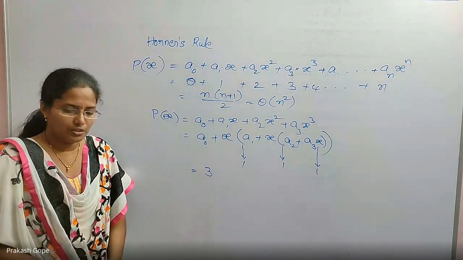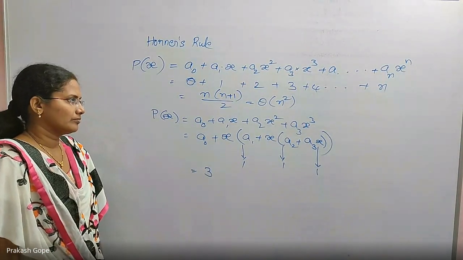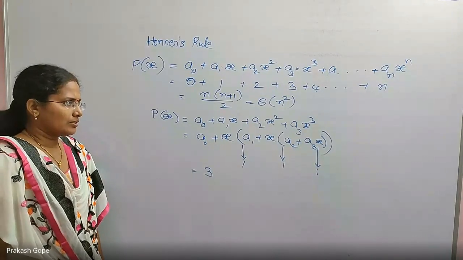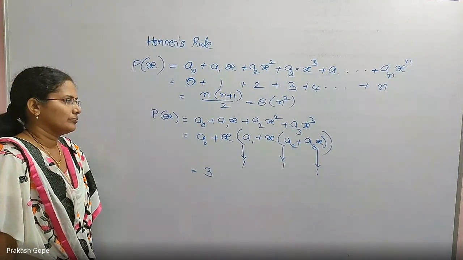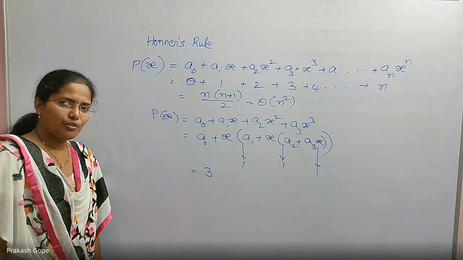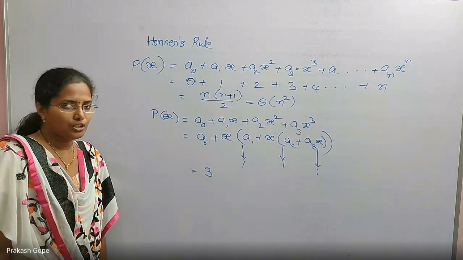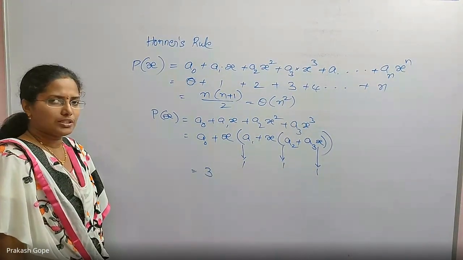Okay, we'll see when the question comes. This is Horner's. You just need to see the question if they are asking for multiplications only or arithmetic operations. If the question is about arithmetic operations, you should consider additions also.